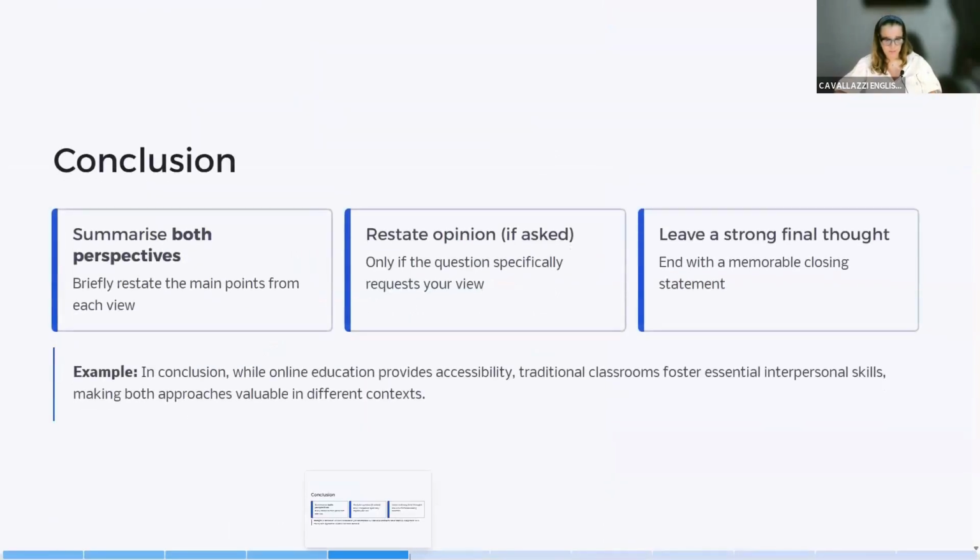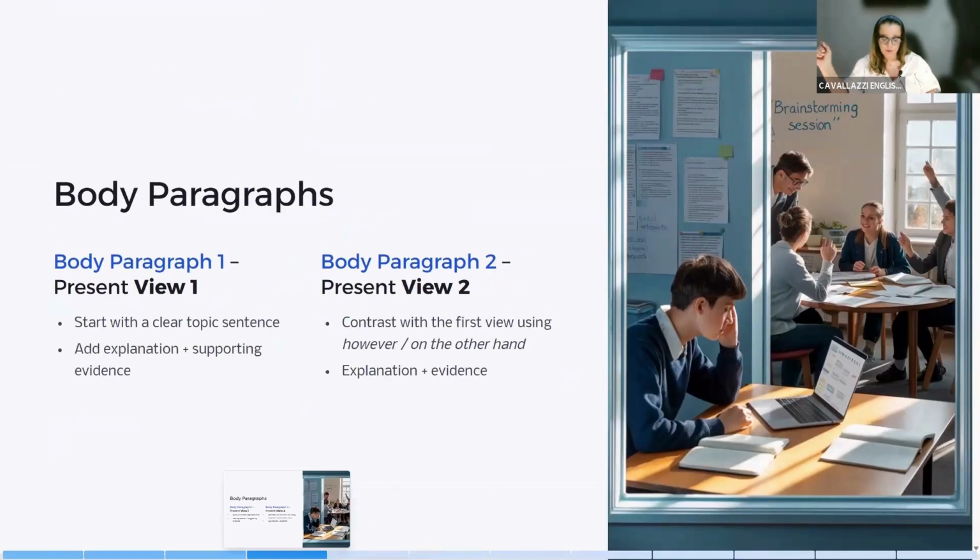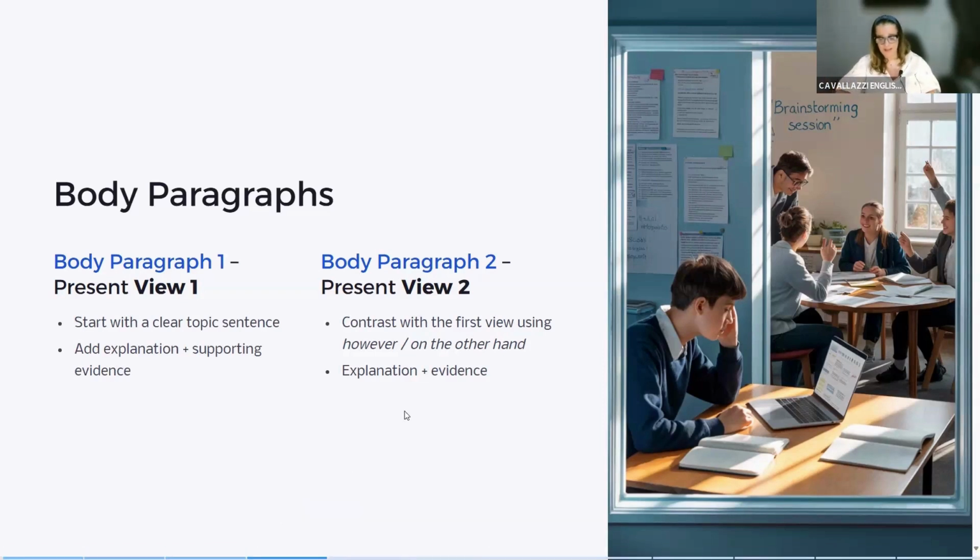And what is TEEL? TEEL is a structure for building strong paragraphs. You use the topic sentence, the explanation, the example, and the link, which would practically be the connection of the topic with the topic. If one of these is missing, the paragraph becomes weak and your score drops.